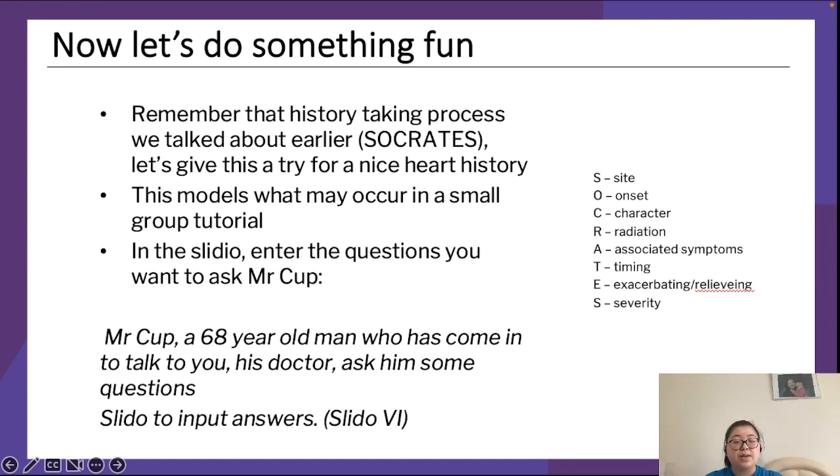His mother had high blood pressure, no siblings, no children. Okay, so what do we think is going on with this Mr. Cup? What does it sound like based on generally what you think this sounds like?